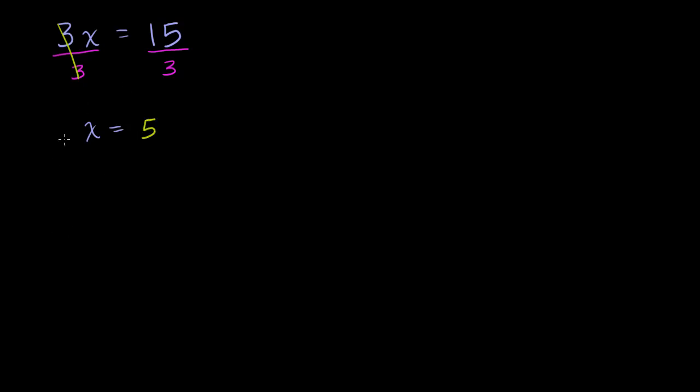Now, you could have also done this equation in a slightly different way, although they are really equivalent. If I start with 3x is equal to 15, you might say, hey, Sal, instead of dividing by 3, I could also get rid of this 3. I could just be left with an x if I multiply both sides of this equation by 1/3. So if I multiply both sides of this equation by 1/3, that should also work. You say, look, 1/3 of 3 is 1. Right?